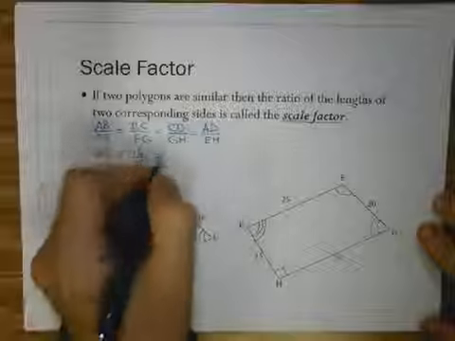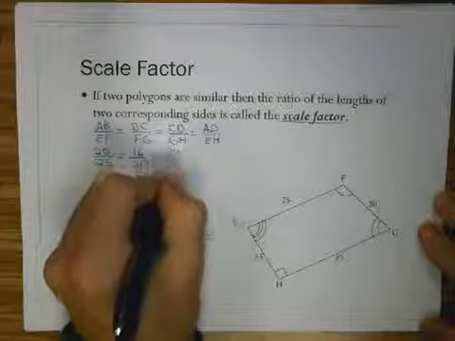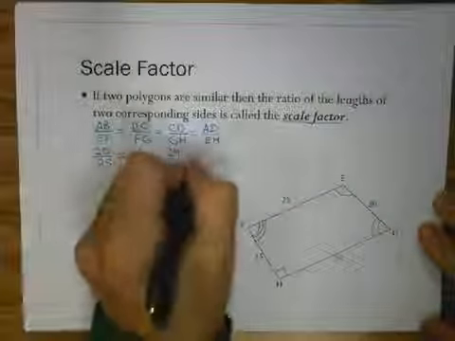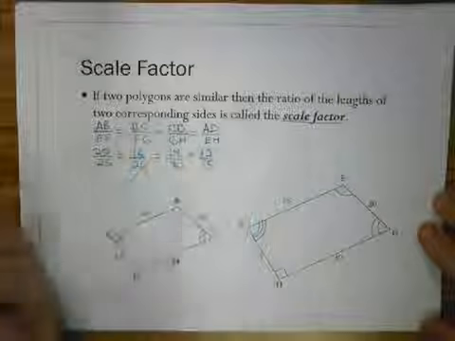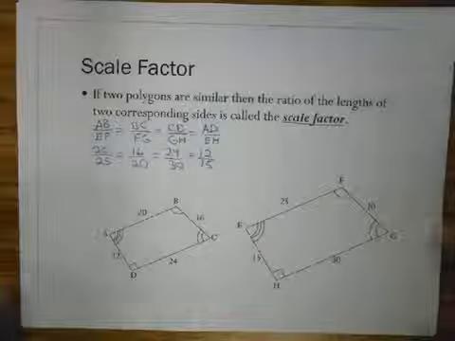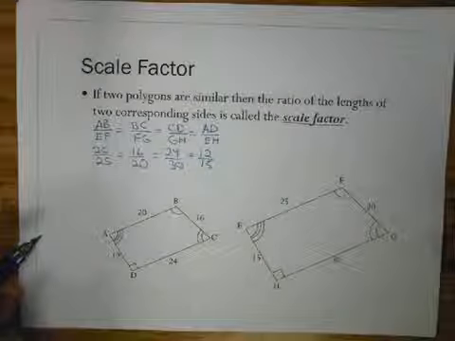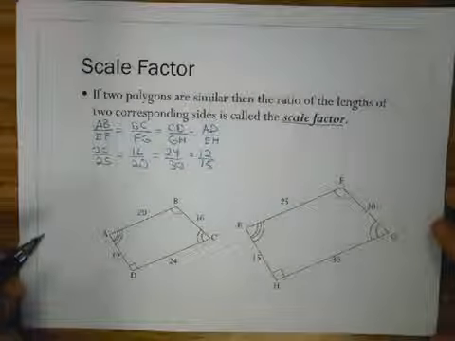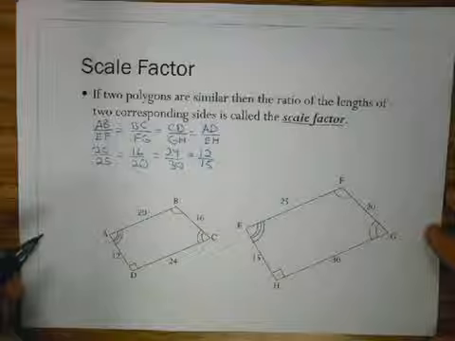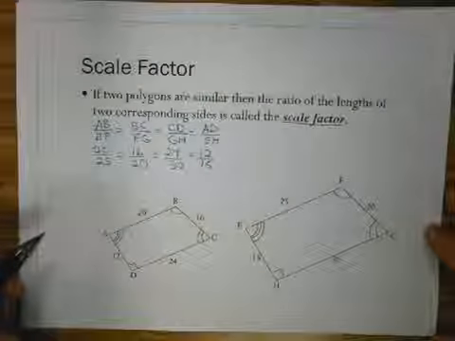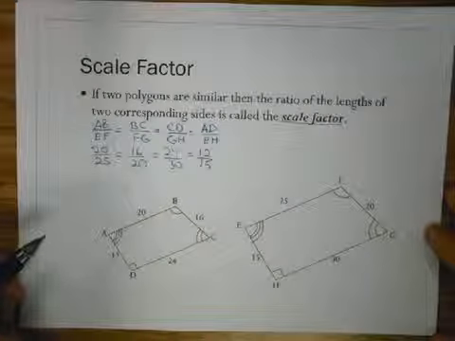If I take those and now I have values to plug in, I get 20 over 25, 16 over 20, 24 over 30, and 12 over 15. So I plug them in to tell me, okay, corresponding sides are proportional. Now I look at the fractions.